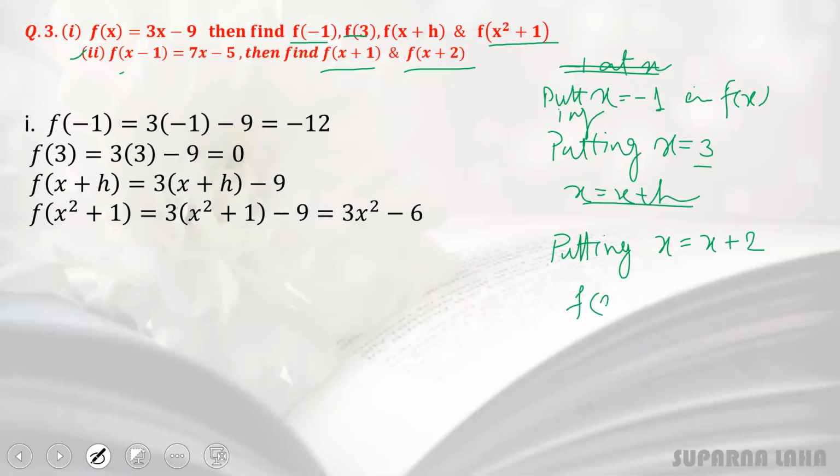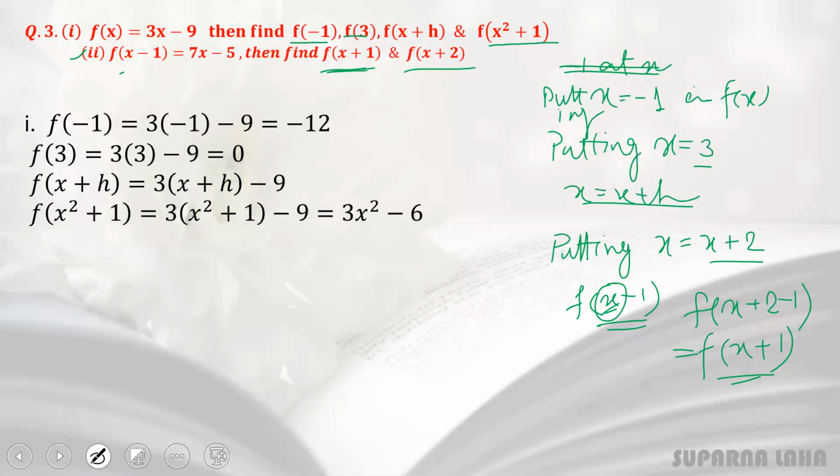In the place of this x minus 1, you need to put x plus 2. So what you will find? You will find f of x plus 2 minus 1. That means you will find f of x plus 1.